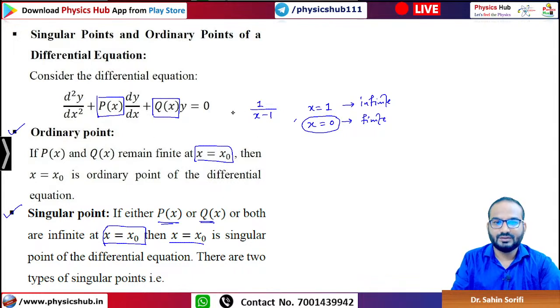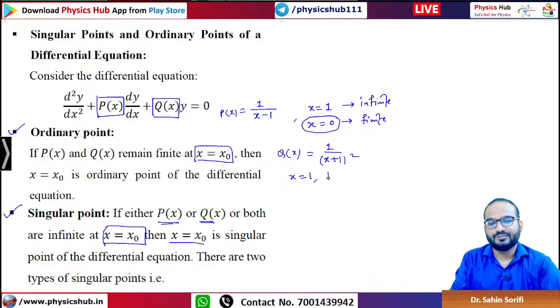Let's say p of x is 1 by x minus 1 and q of x is 1 by x plus 1 whole square. At x equals 1, p of x is infinite and q of x is finite, so x equals 1 will be called a singular point, because p of x is infinite.